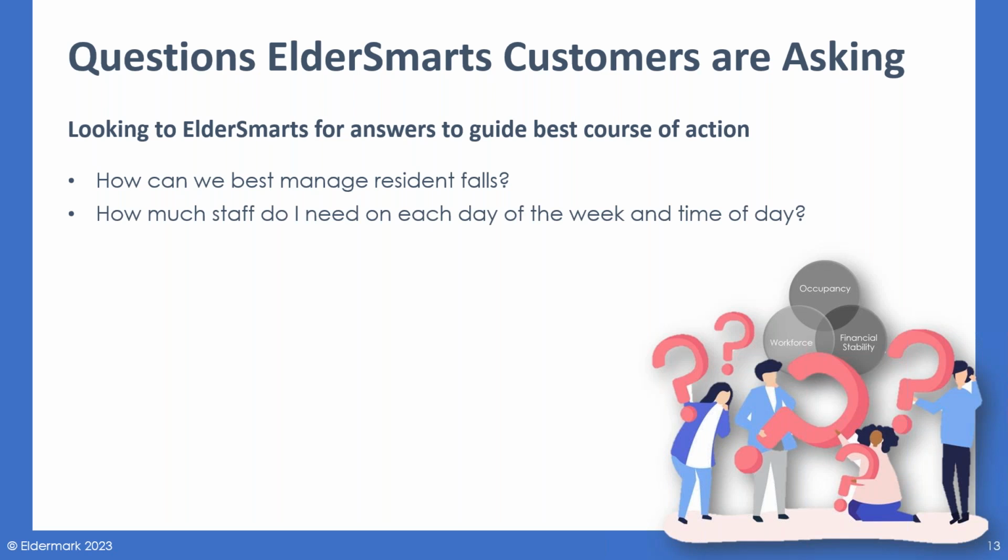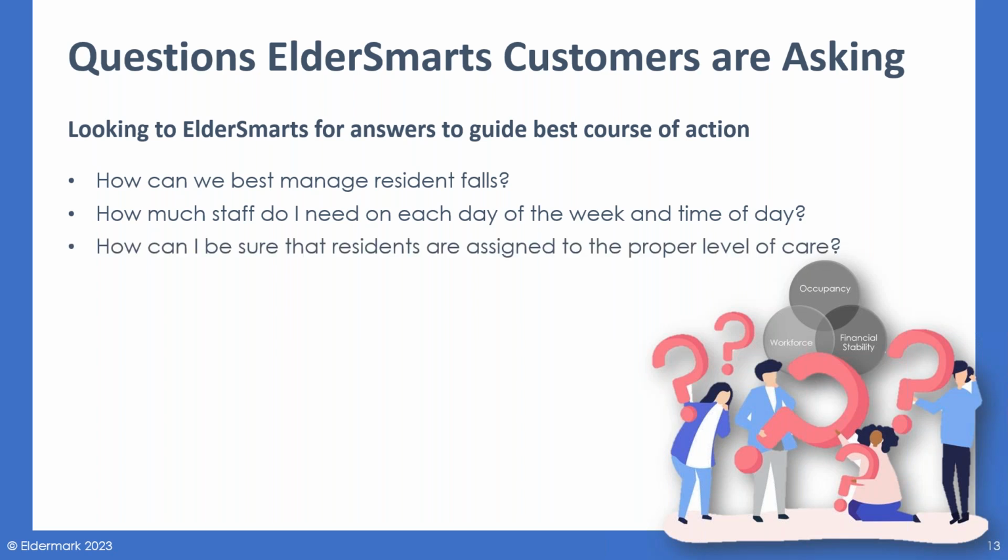What are the stories within the data and the patterns within the data that can help us do better in managing resident falls? How much staff do I need on each day of the week and each time of the day? And how can I be sure that residents are assigned to the proper level of care? Not only a clinical insight here, but also optimizing revenue, right? How can we influence the length of stay to keep our residents longer? Slow down that resident churn.